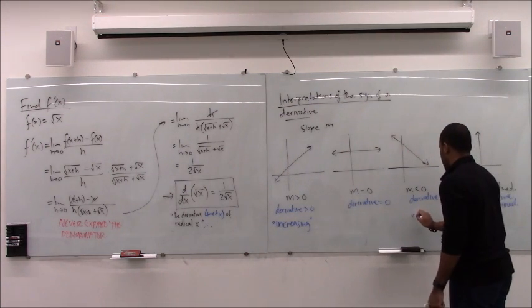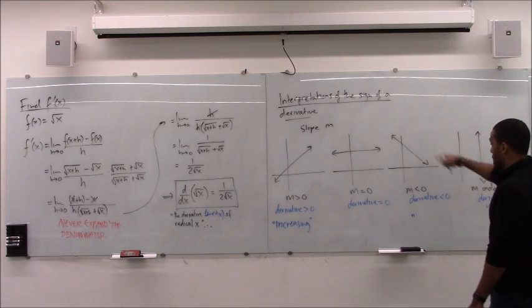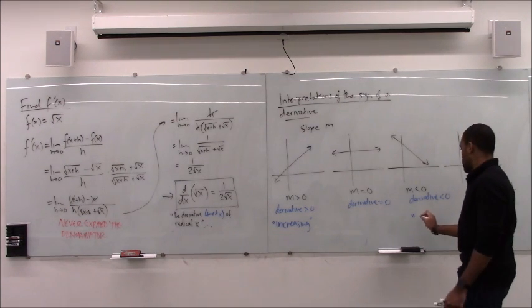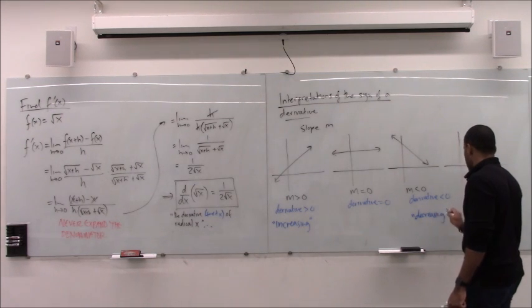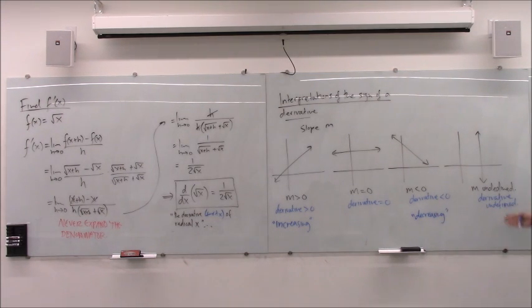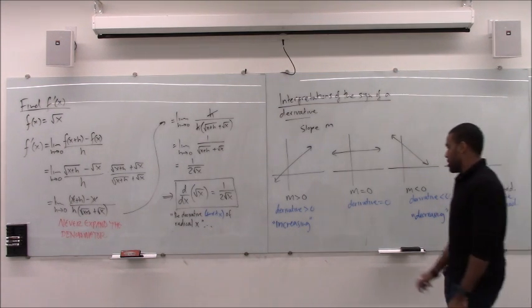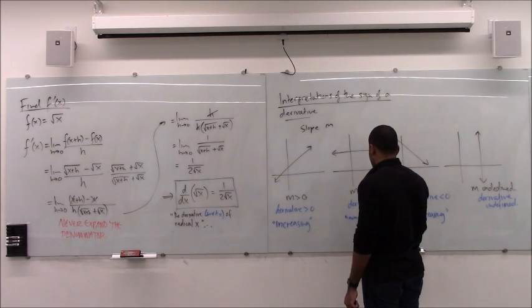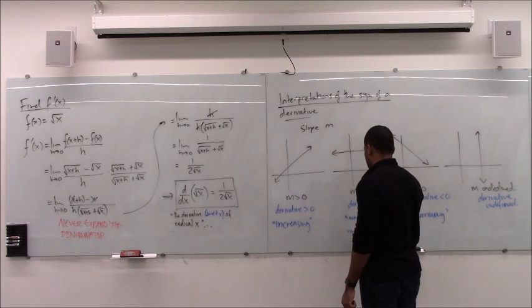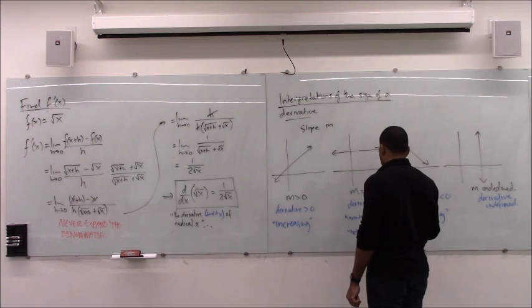Whenever you're moving down as you go from left to right, we call that behavior decreasing. This you can't really say anything about, it's undefined. This is either called non-increasing or non-decreasing, depending on what context you want to talk about it in.